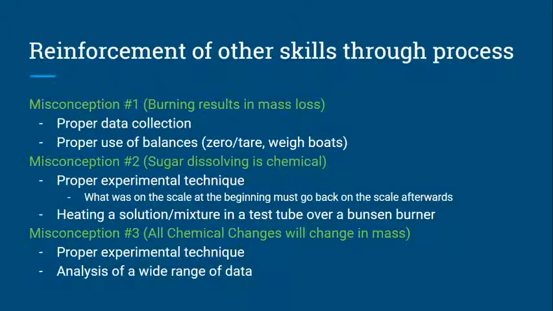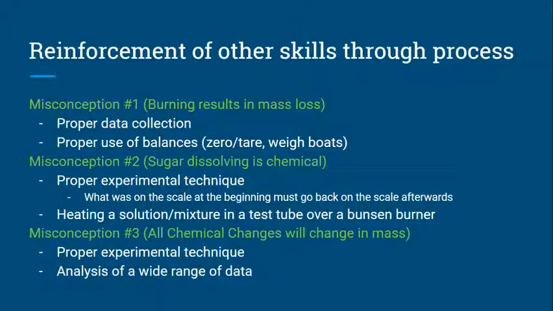And then the last one, throughout misconception number three, proper experimental technique, just evaluating things as you change only one variable, especially analyzing a wide range of data. So when we get ready to not just compare one station and how the mass changed for that station, but comparing the fact that the stations where a gas was absorbed or released was more talking about an open system as opposed to physical versus chemical.